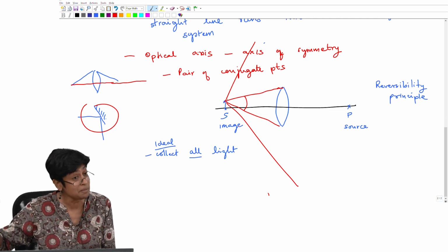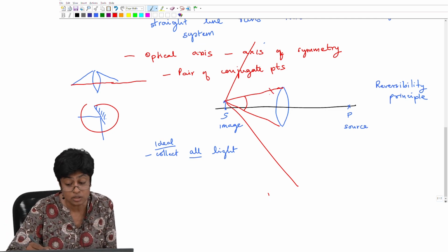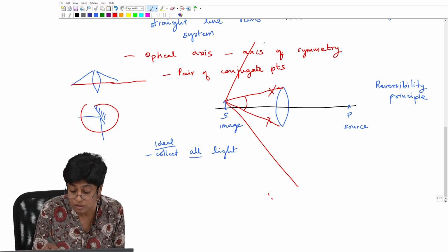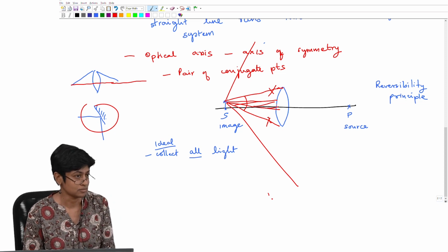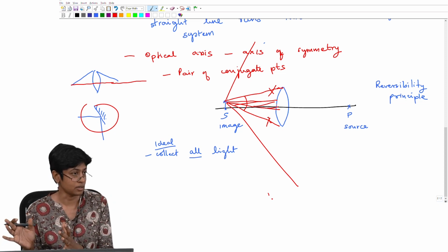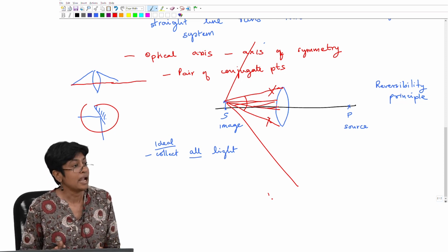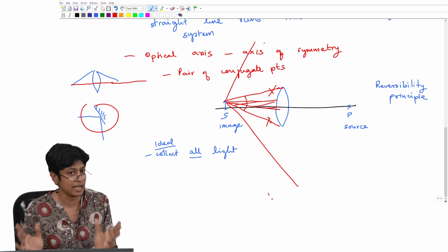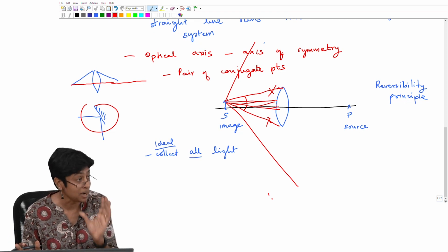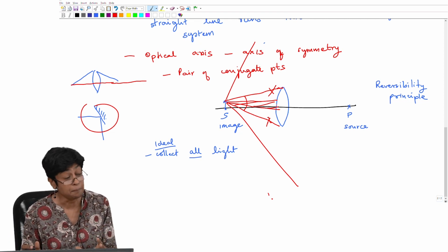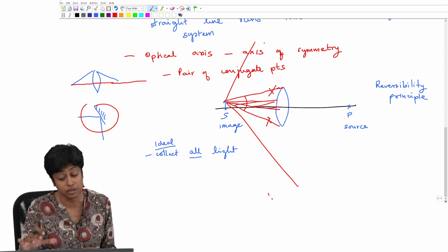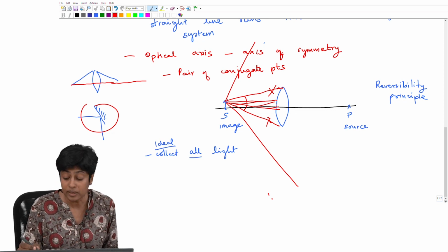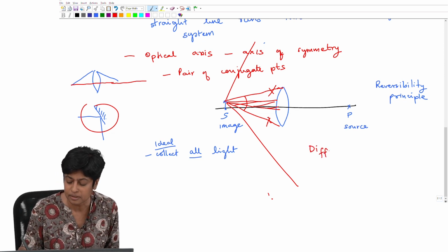But it could be there's some element later on in the system that blocks this part and this part. So it actually could be some much smaller cone that is making it through the system. Okay. So we will look at that later on. But the point to take is, never do you collect all of the light reflected off the object, you only collect a part of the light, and the most that you can collect with a particular optical system, we call that a diffraction limited image. So that's the best you can do.